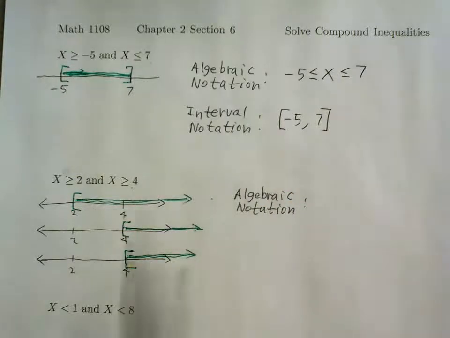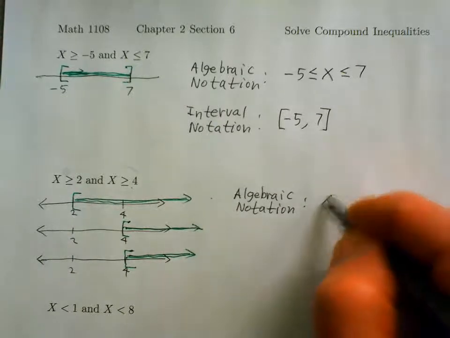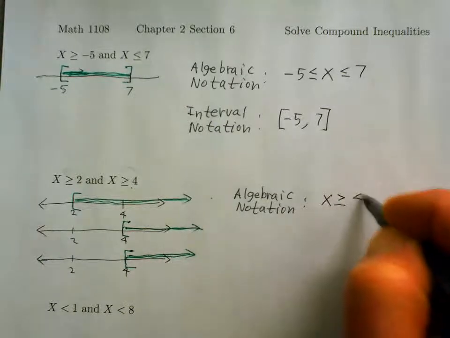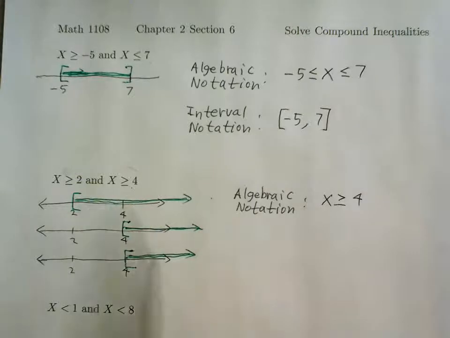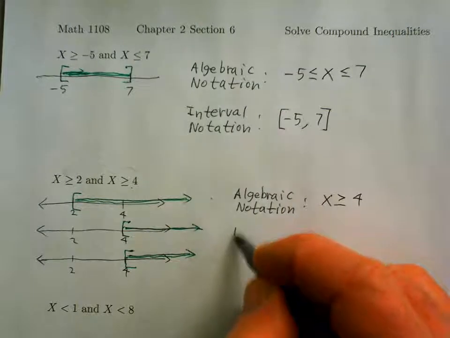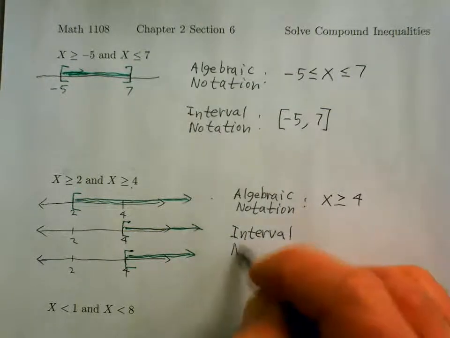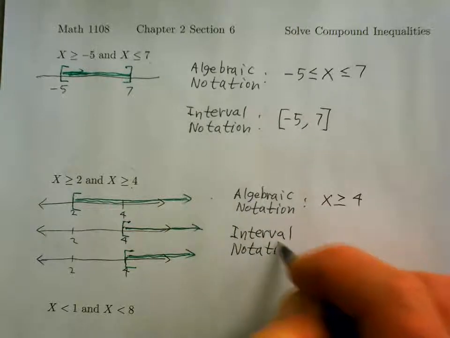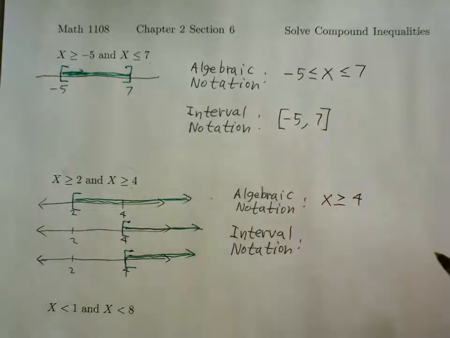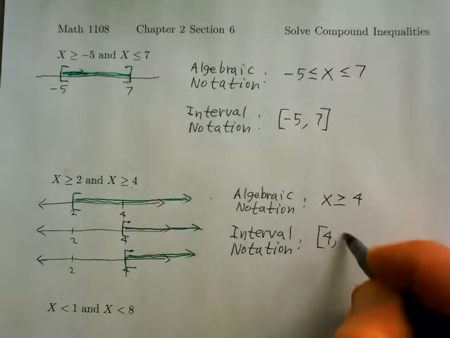So the intersection is the same as x is greater than or equal to 4. And then the interval notation is bracket 4, comma, infinity.